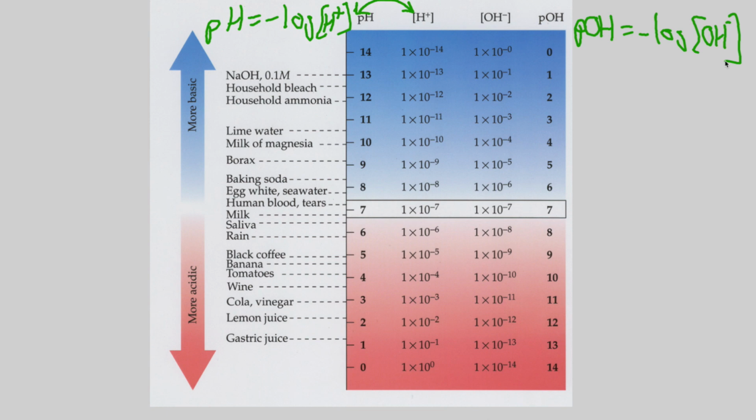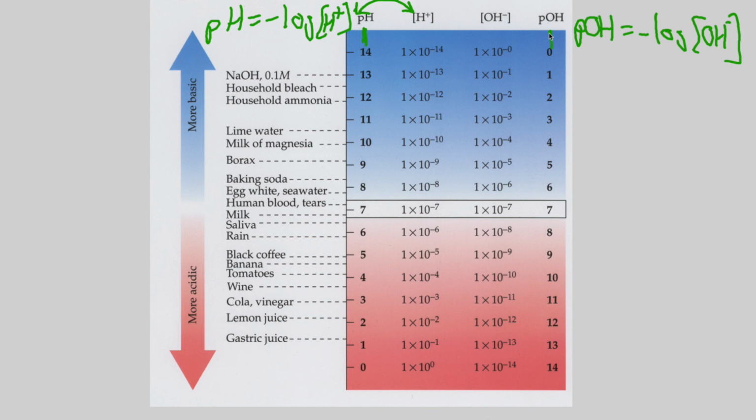Is that okay? Now, what do you notice about this column and this column? Just looking at those two, as you go down the columns, they always add up to 14. Jared, that's what you were talking about.